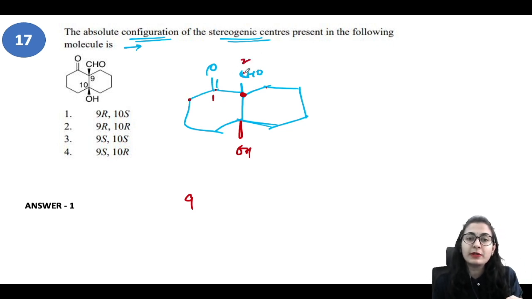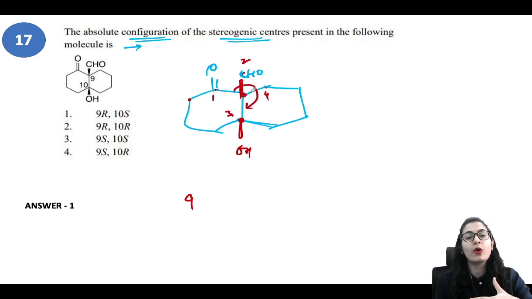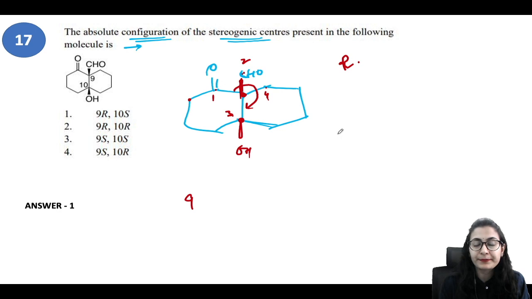Second priority will be to this carbon which is connected to 2 oxygens and 1 hydrogen. Third priority to this particular carbon which is connected to only 1 oxygen and 2 other carbons. And the fourth priority to this CH2. So 1, 2, 3 is clockwise, and since the CHO is above, then definitely this fourth one is below, so it is going to be R.